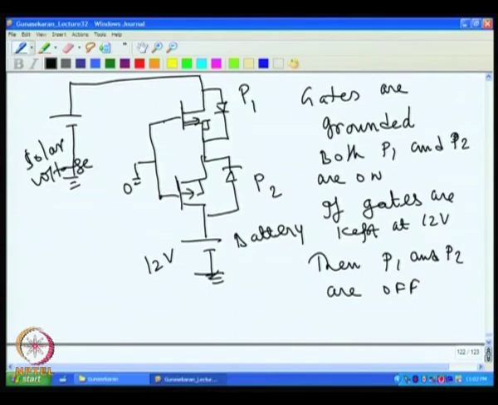So normally what we do is we sense through the ADC this voltage and this voltage, as we discussed.